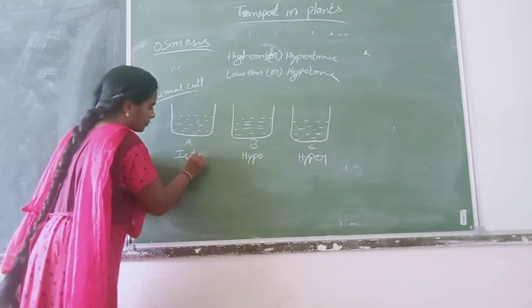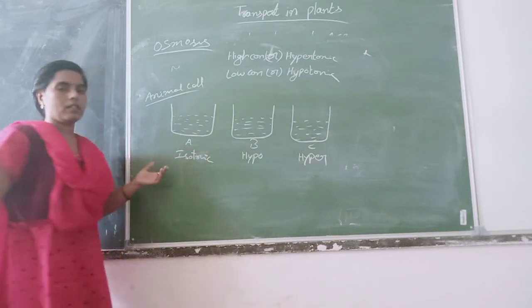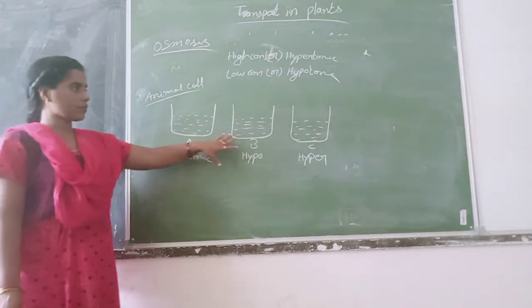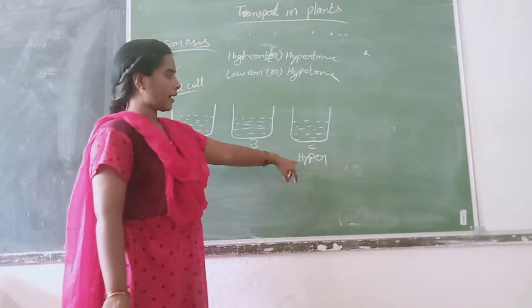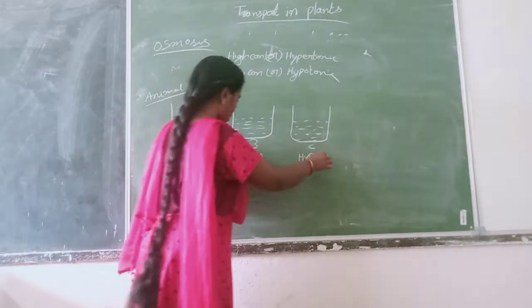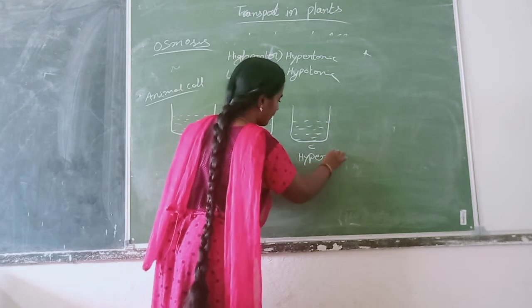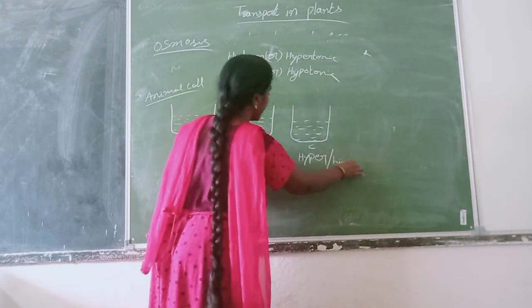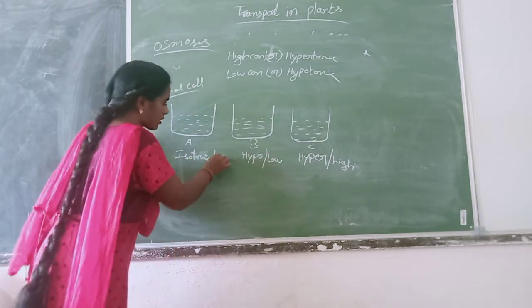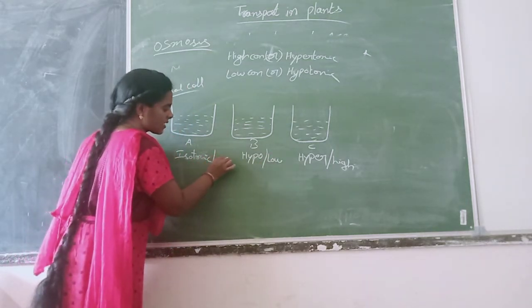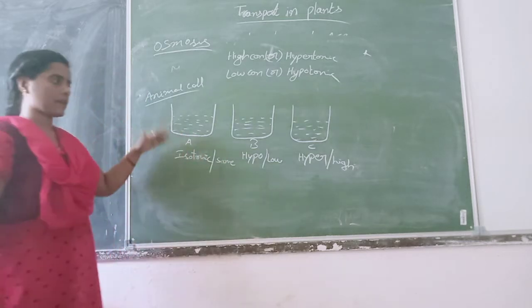Hypertonic has higher concentration and hypotonic has low concentration, while in isotonic there is no difference, the same concentrations are present.